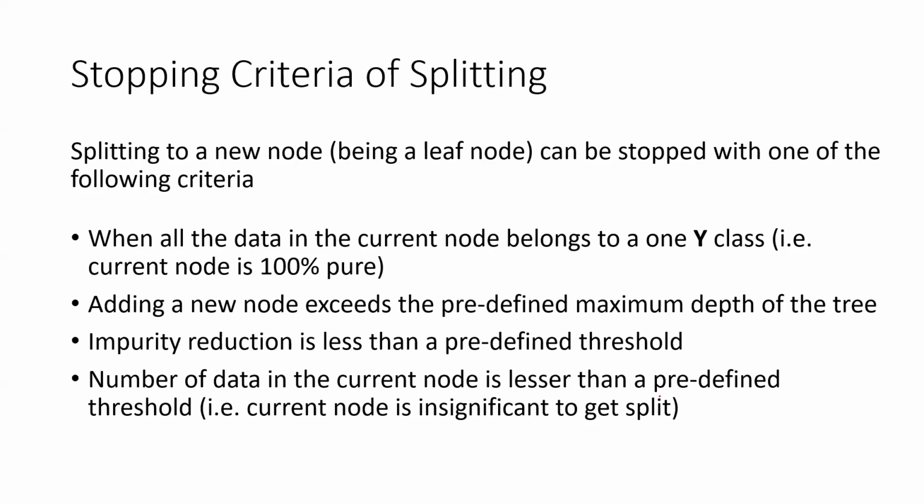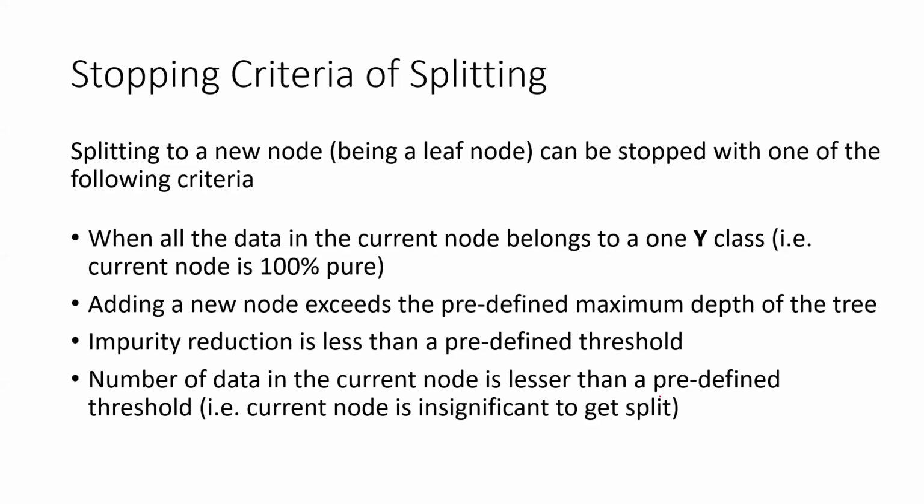When you are going to add a new node by splitting an existing leaf node, you have to consider several factors, right? So the first thing is you have to consider whether that particular node which we are considering is 100% pure at the moment.